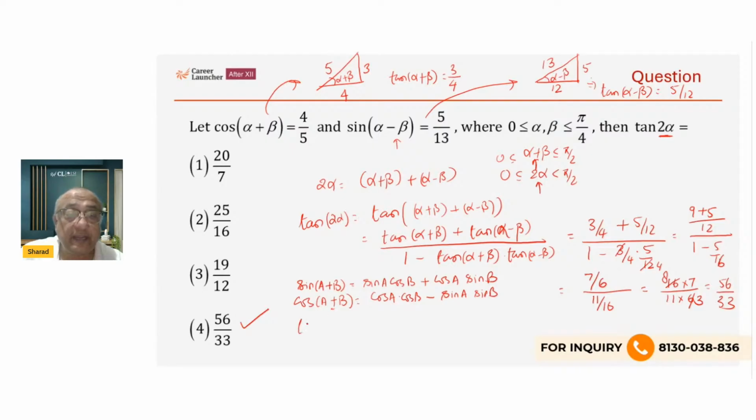Okay. Tan A plus B, let me repeat it so that you will recall it most of the time: tan A plus tan B upon 1 minus tan A tan B. Right? Good.